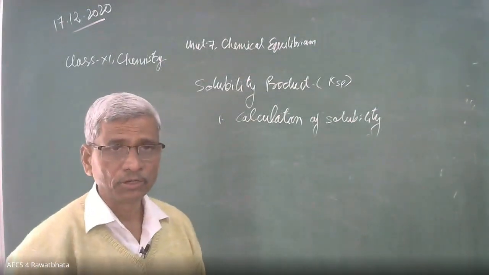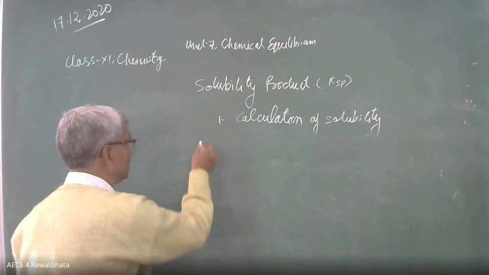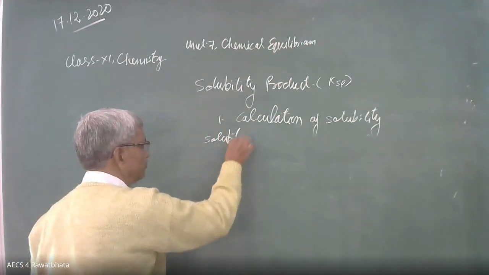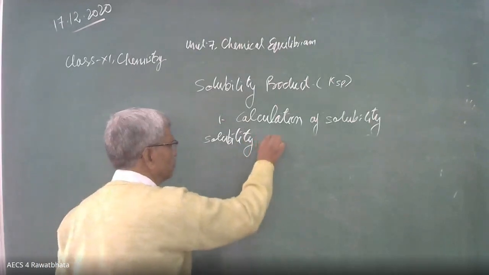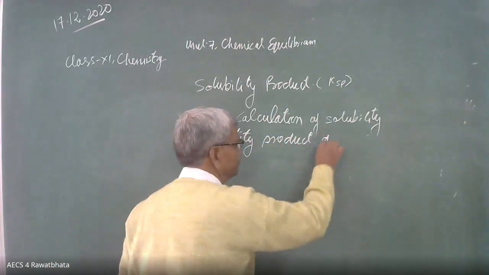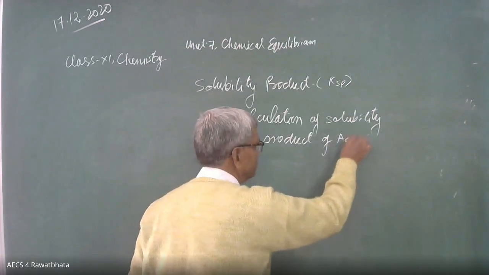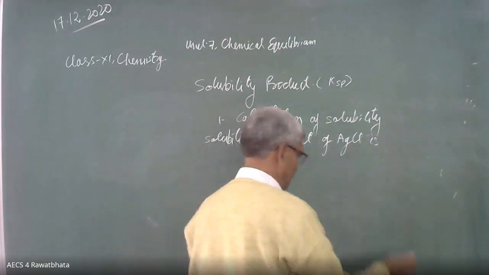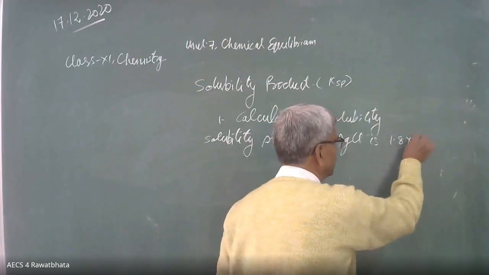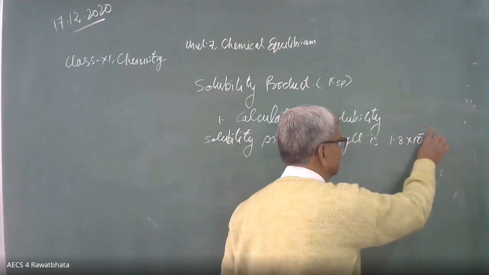Solubility product of AgCl is 1.8 into 10 raised to power minus 10.